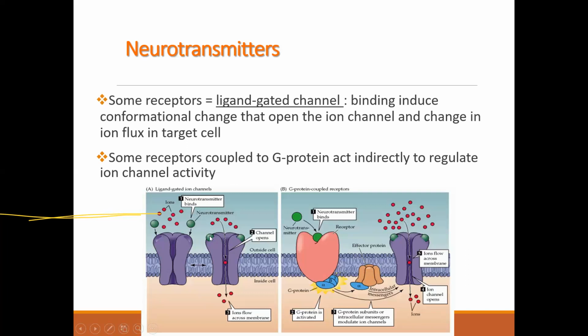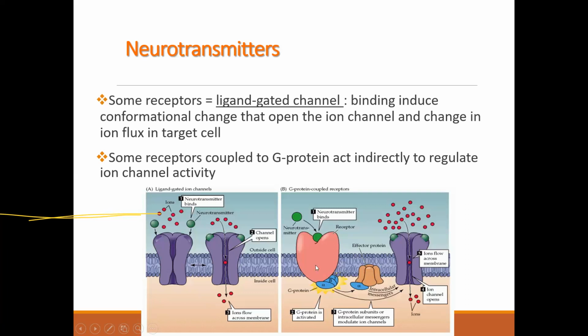After binding, the receptor itself is the ion channel. Therefore, the binding between the signaling molecule neurotransmitter and the receptor creates a conformational change of the receptor, which is the ion channel too. So then the ion channel opens because of the conformational change, and then the ion can get into the target cell.